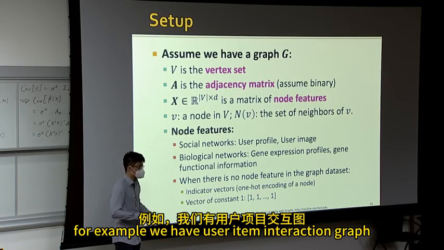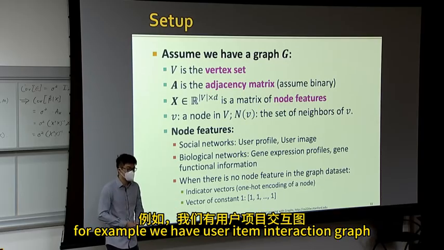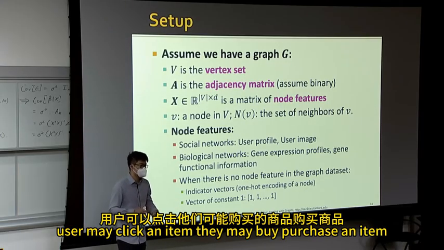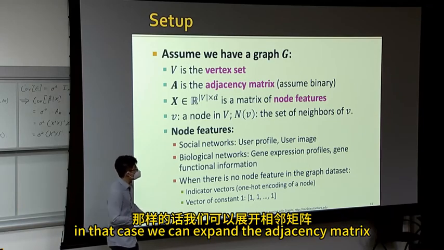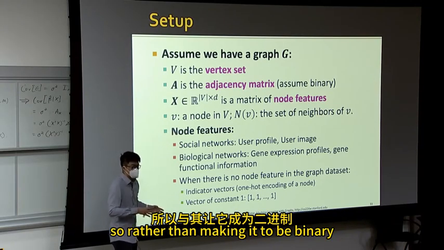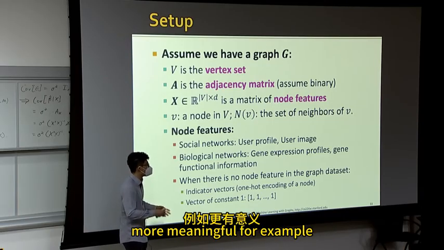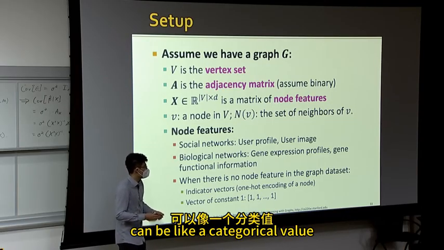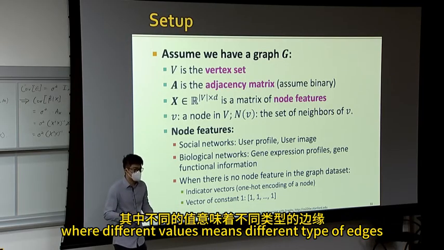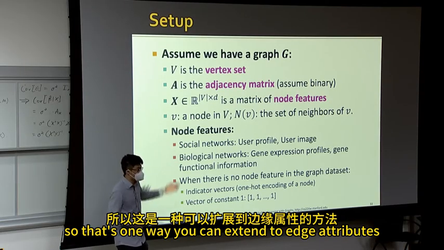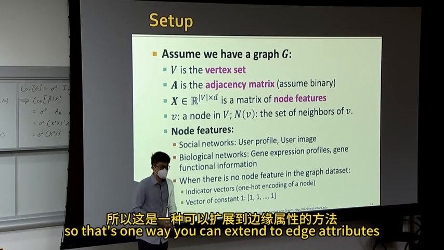For example, in a user-item interaction graph, a user may click an item, or they may purchase an item, so there are different edge types. In that case, we can expand the adjacency matrix. Rather than making it binary, we can make it more meaningful, for example a categorical value, where different values mean different types of edges. So that's one way you can extend to edge attributes.